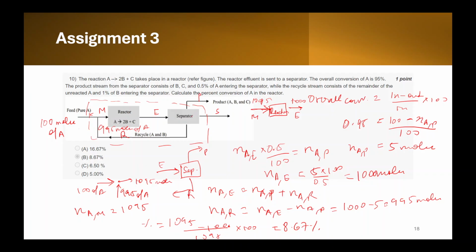You were also given the expression relating the A from this to this. So you then found out this. Then whatever remained was this recycle stream, because of the material balance at this separator. Then you added that to your fresh feed to get this finally, and then you can find out the conversion of A in the reactor. So 8.67%.